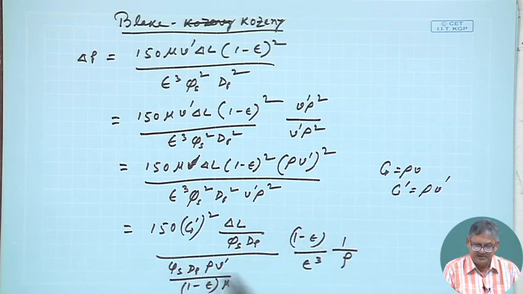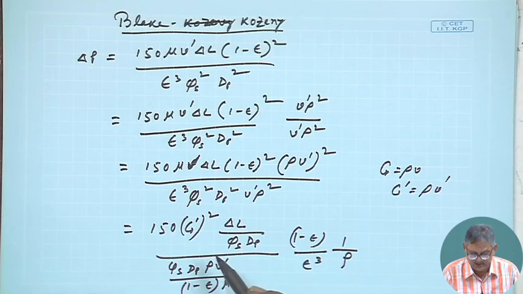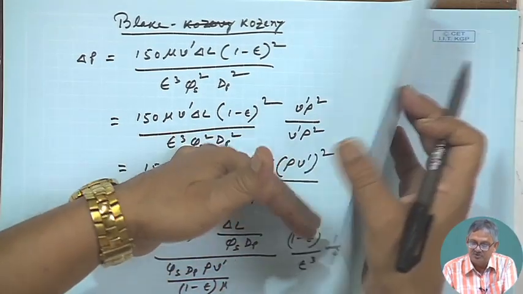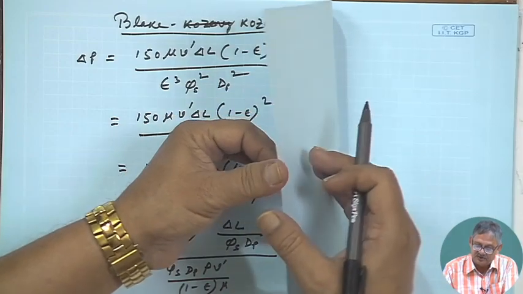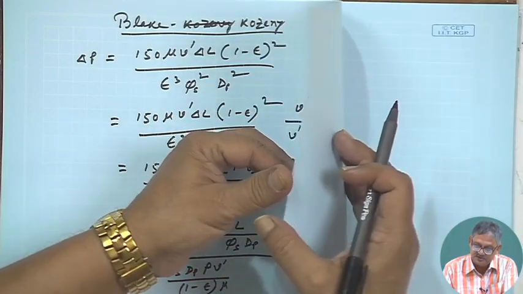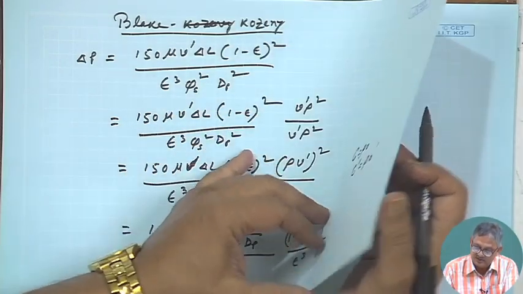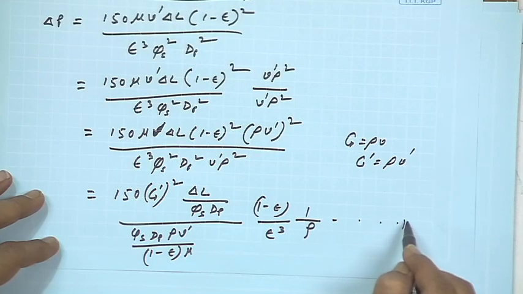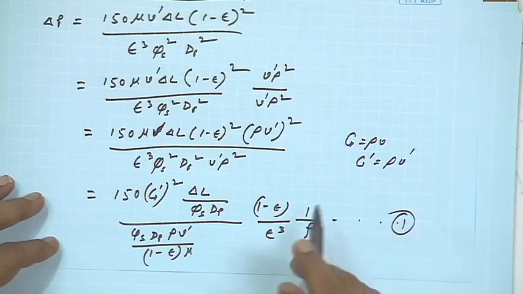This rearrangement is required because we would like to proceed to one relation, developed by a scientist we will name afterwards. So, this equation we name equation 1.